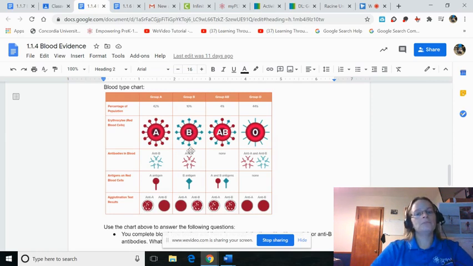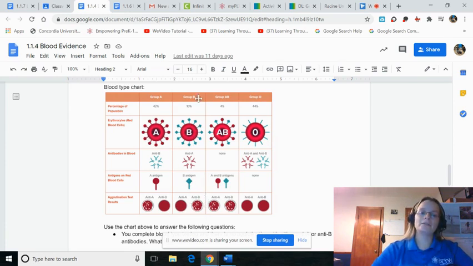If you look at the group B, if you're given anti-A antibodies, there's nothing for them to react with because you don't have those A receptors. So it stays blood, it stays liquid. But if you're type B and you're given anti-B, that means it reacts with the B and clumps up.